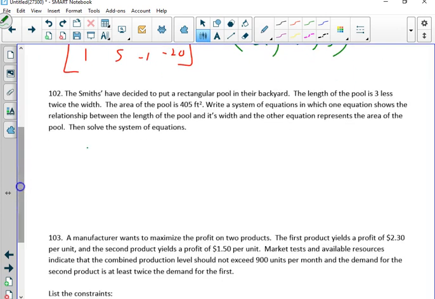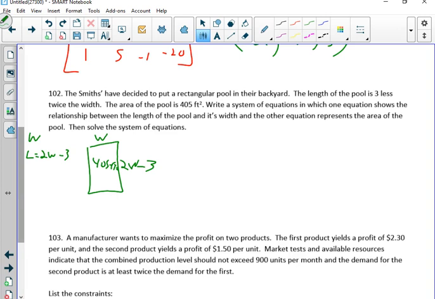102. Always a good problem for drawing. 405 feet squared is their area. There's a width, and the length is 3 less than twice the width. So we have width, and we have length is equal to 2 times W minus 3.